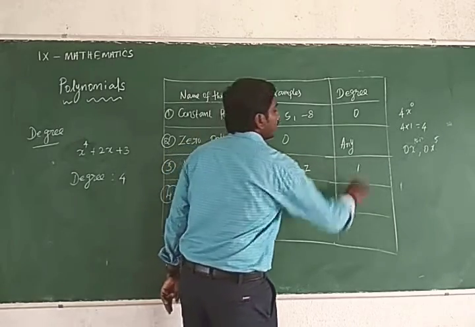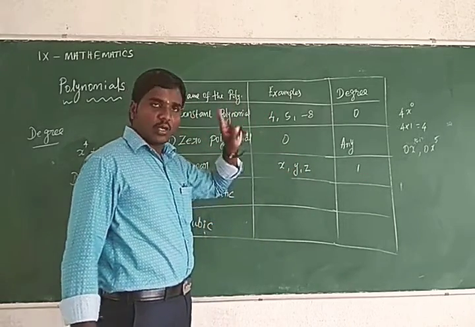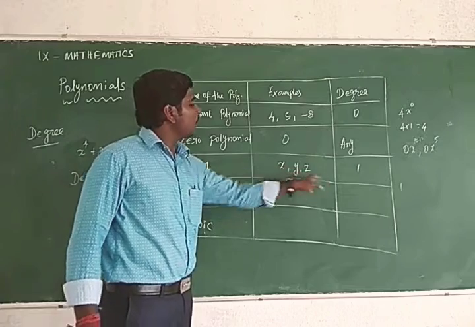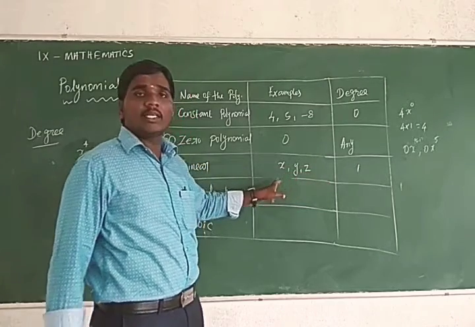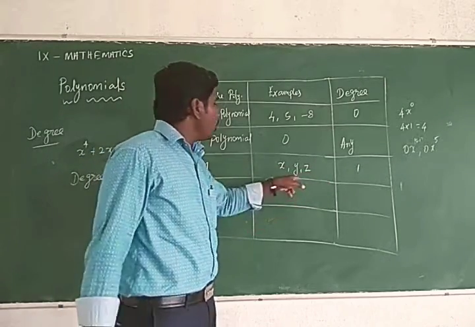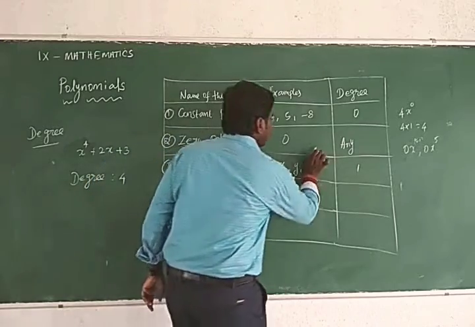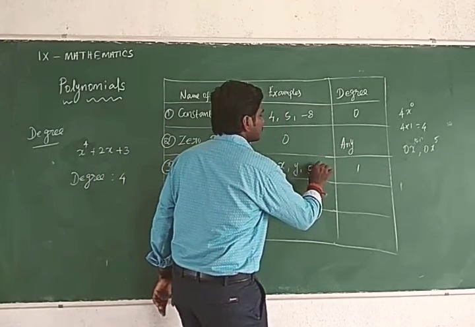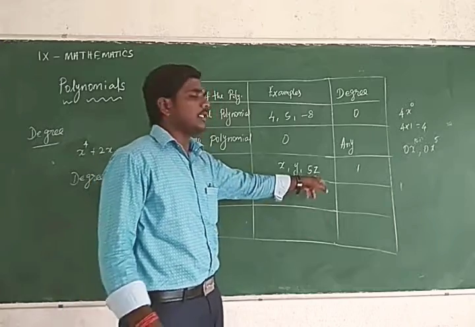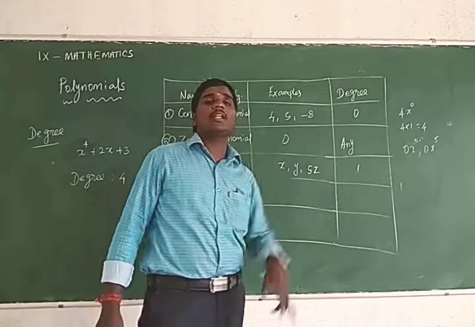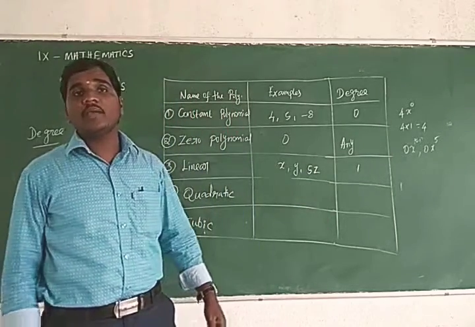Linear polynomial has degree 1. What is the power? x power 1, y power 1. These are different polynomials, not a single polynomial. x is one polynomial, y is one polynomial, 5 is also one polynomial. The degree of these polynomials is 1.